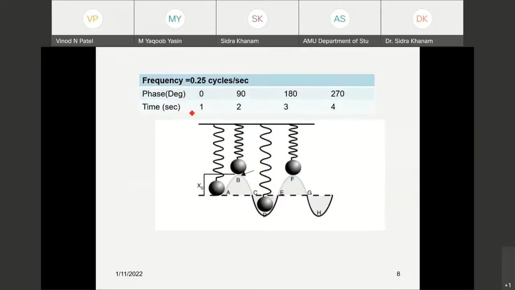Suppose there is a spring mass system. If you disturb the spring from here, it will move here, then again go in the reverse direction, then go back to the initial position. Based on this, you can draw its displacement diagram.